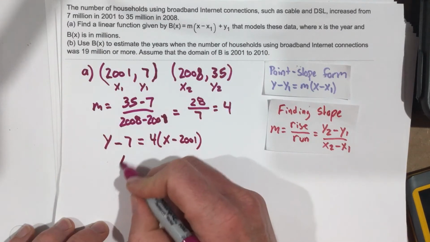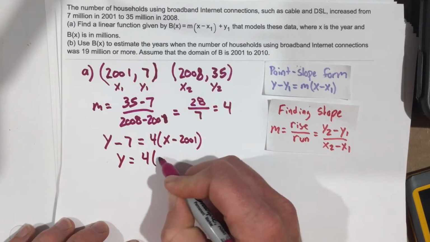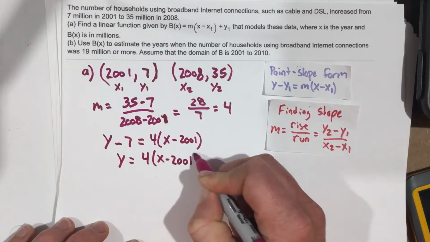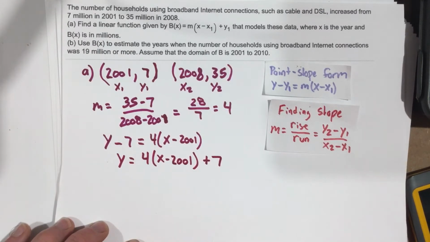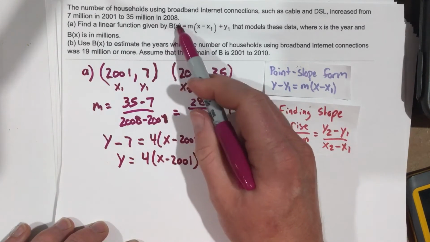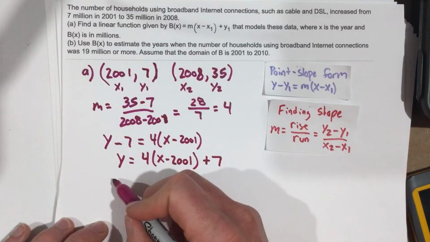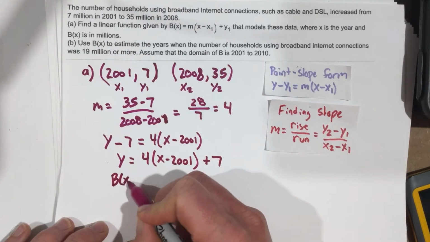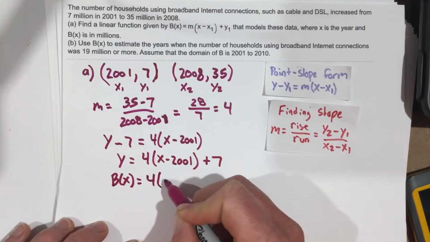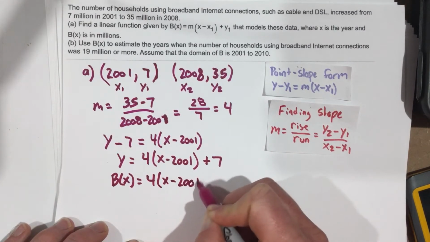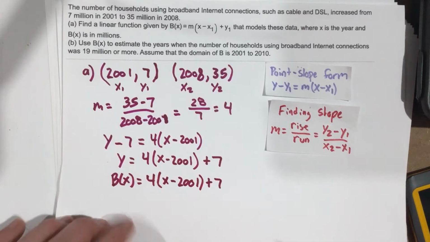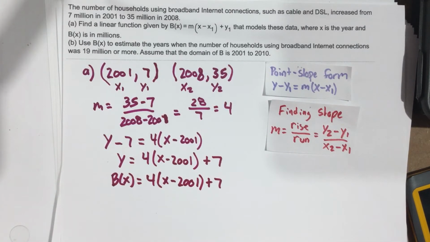So we're going to add it over and we'll say y equals 4 times x minus 2001 plus 7. And then they don't want us using y, they want us using b of x. So this y value is going to say b of x, function notation. It's still y, but they just want us to use function notation. So b stands for the broadband connections in millions. Okay, that's part A.